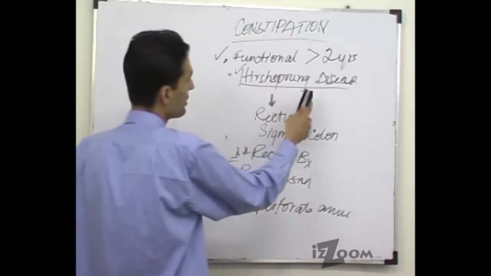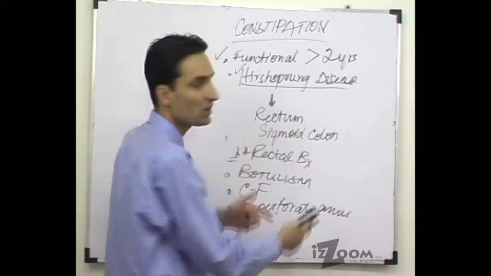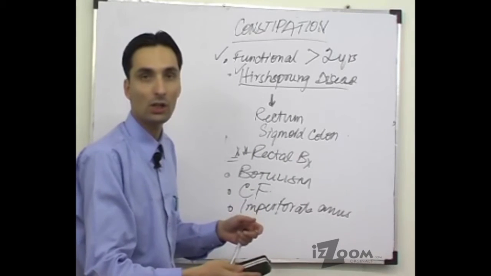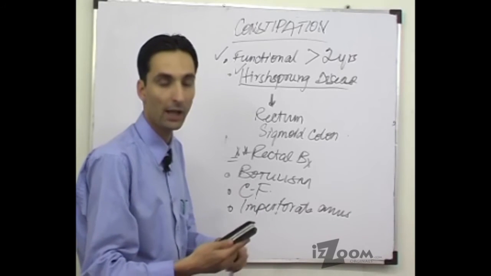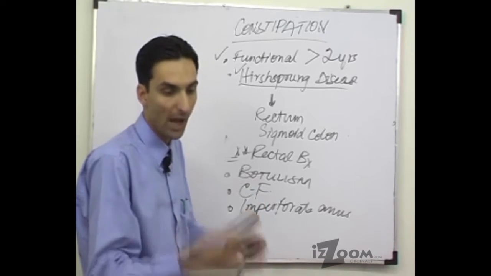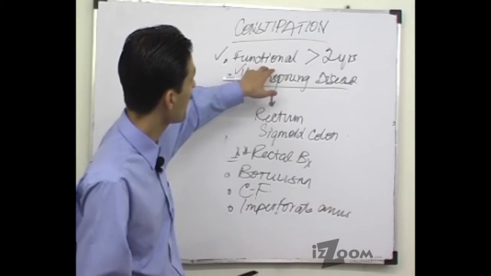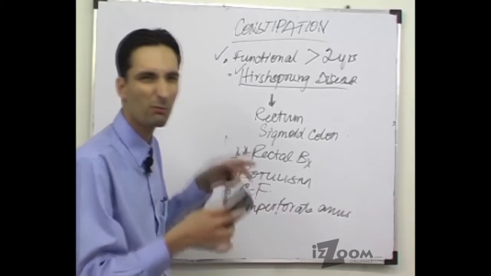Functional constipation occurs in children greater than 2 years of age, and Hirschsprung disease occurs in neonates. Functional constipation is the constipation in which there is encopresis, and it is associated with forced bowel training. When you do a digital rectal examination in functional constipation, the rectum will be full of stool.